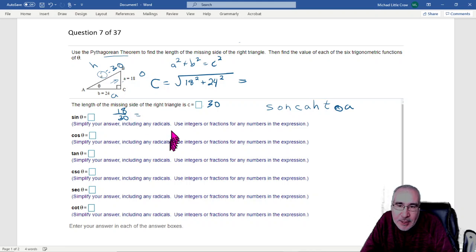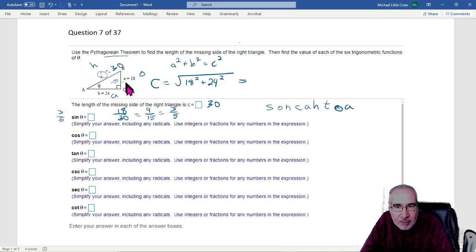That can reduce down. 2 goes into both of those, so 2 goes into 18, that makes 9. 2 goes into 30, that's 15. 3 goes into both of these. So to reduce this, divide both by 3, so that's going to be 3 over 5.